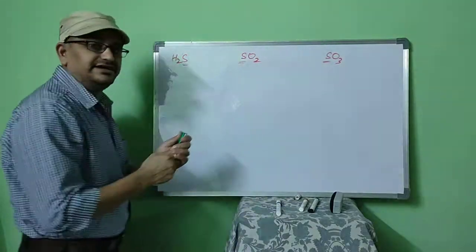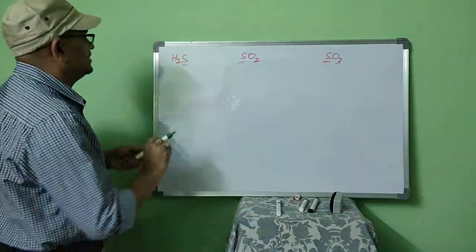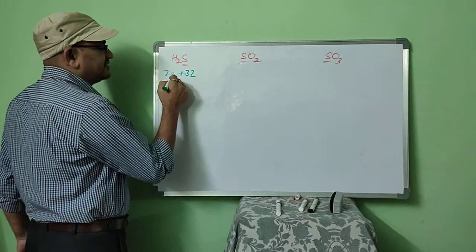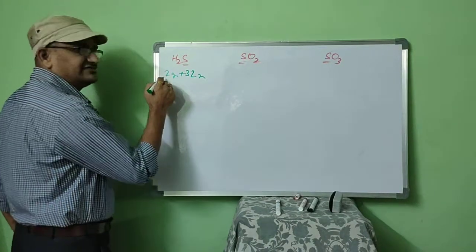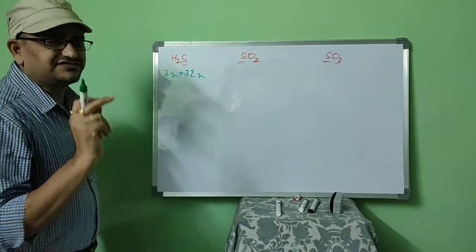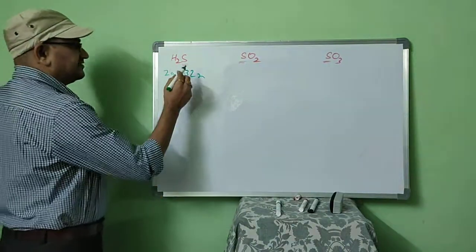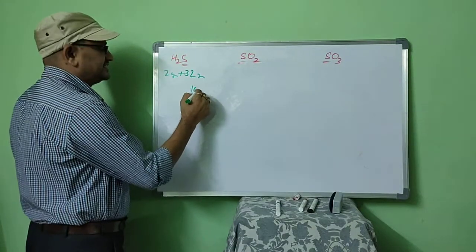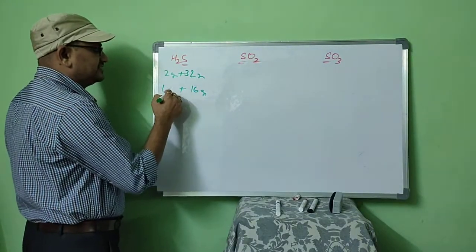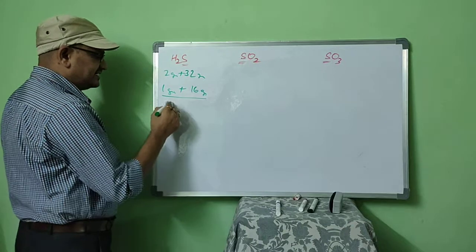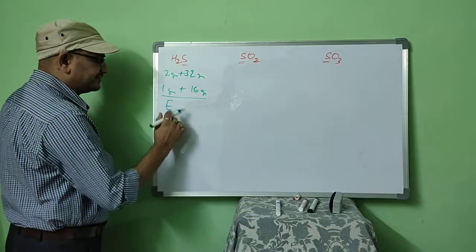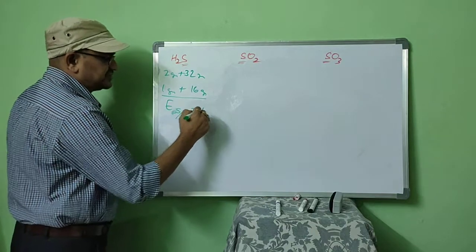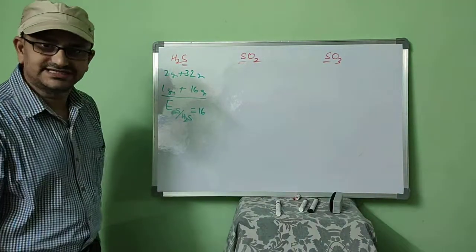As per our equivalent mass definition, what mass of sulfur had combined with what mass of hydrogen? You know that the atomic mass of sulfur is 32. 32 grams of sulfur had combined with 2 grams of hydrogen. Then 16 grams had combined with 1 gram of hydrogen. As per this, the equivalent mass of sulfur in H2S is 16. Have you noticed?